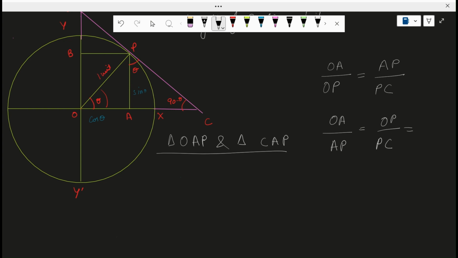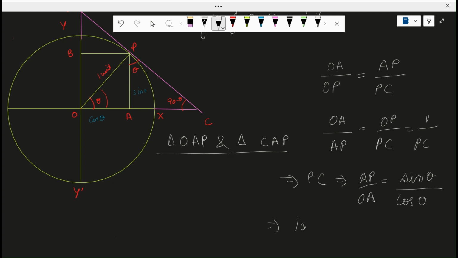So OP we know is 1, and let PC be written in the same way. PC implies, if we invert it, AP upon OA. So PC is equal to AP, that is simply our sine theta, and what is OA? That is cos theta.